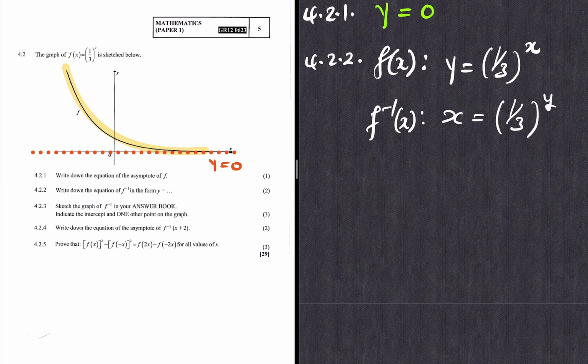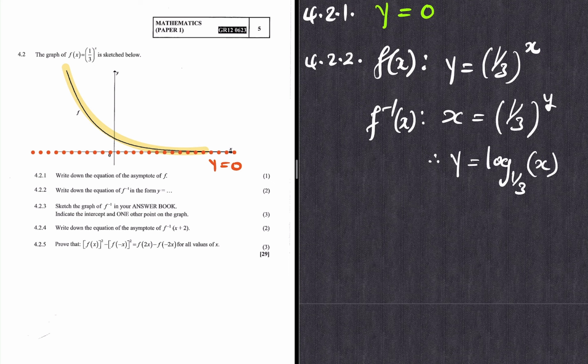Well, if you solve for y, you can apply the laws of logarithms here to say y is equal to the log of the base 1/3 of the argument, in this case x. Okay, that's the inverse of f.